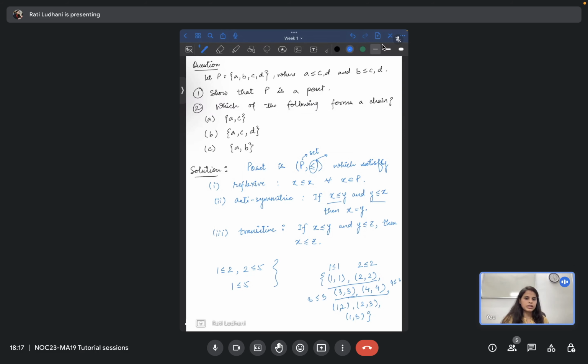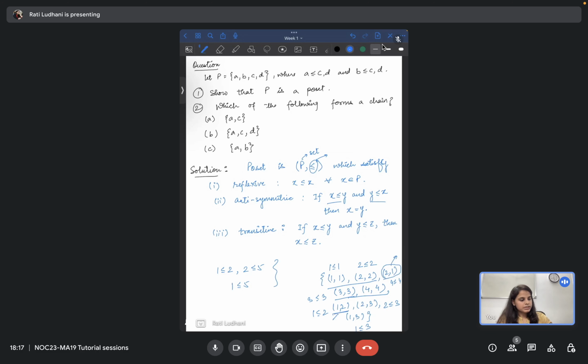In general you can take divisibility, you can take anything. It's just a notation to write that relation. Here 1 is less than or equal to 2, 2 is less than or equal to 3, 1 is less than or equal to 3. Okay, so for example in this set, if you have given 2 comma 1 also, for example you have given 2 comma 1, okay.